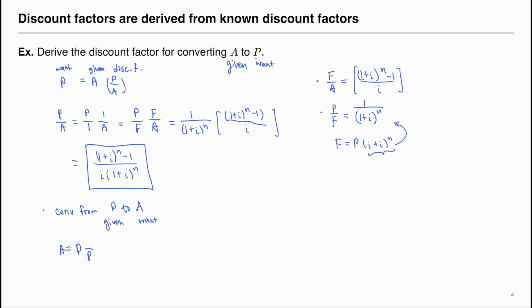So P has to be at the bottom and A has to be on top. This is the discount factor. And A over P is just the inverse of P over A. Just invert this, and we get (i times (1 plus i)^n) divided by ((1 plus i)^n minus 1).